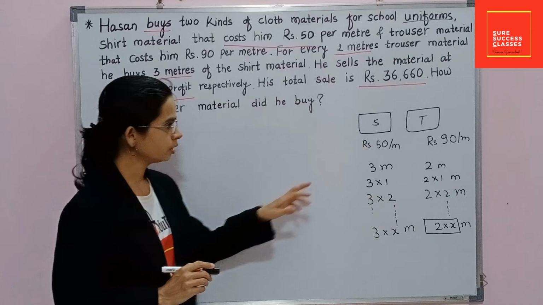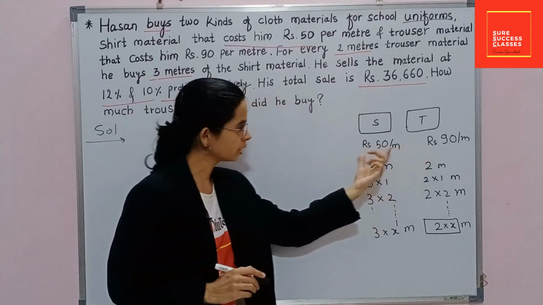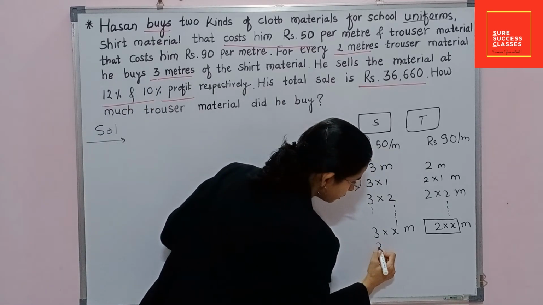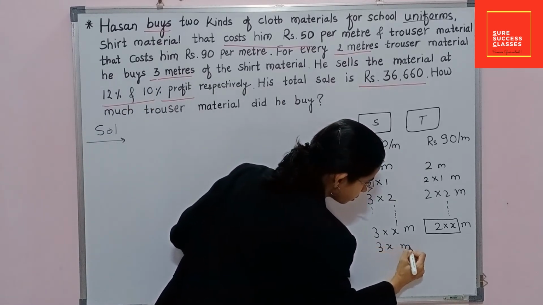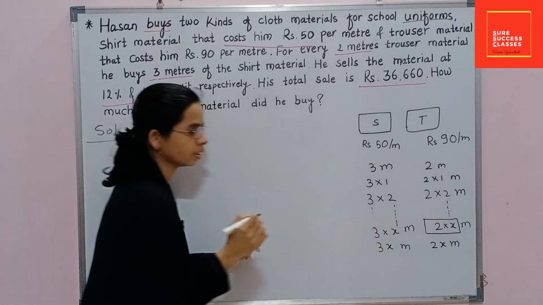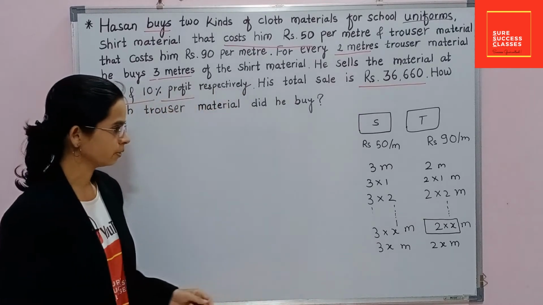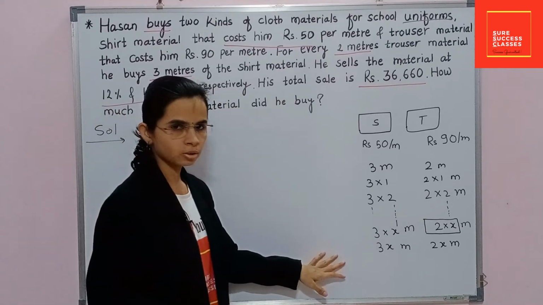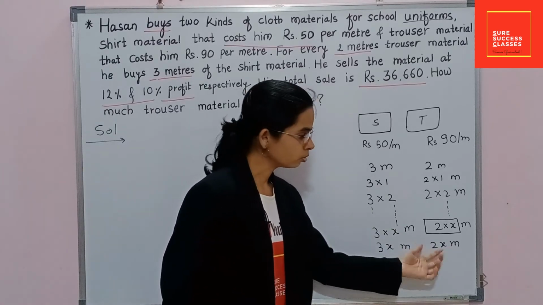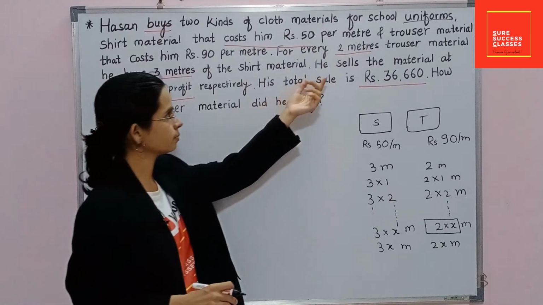So here the shirt material and trouser material are in proportion. So we can write here, when there is 2x meters of trouser material, at that time there will be 3x meters of shirt material, and we have to find out the value of x, then we can easily find the total trouser material. We will go with the next statement.